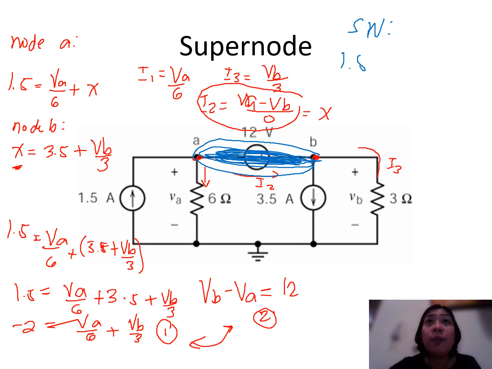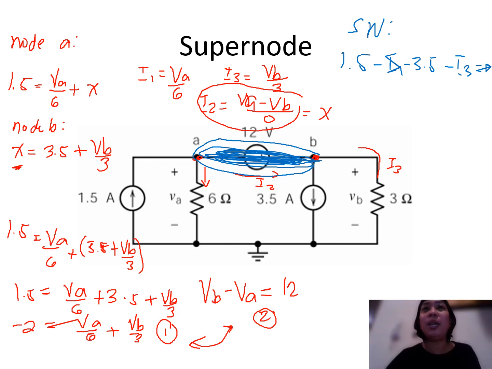Your I1 leaves, so that is minus I1. Your 3.5 leaves, so that's minus 3.5. And your I3 leaves, so that is minus I3, equal to 0. So as simple as that.